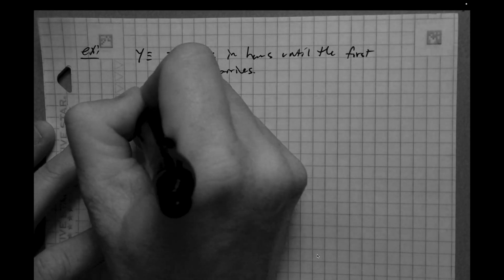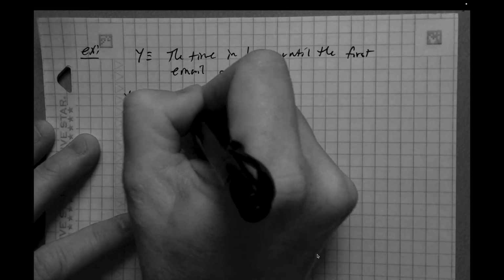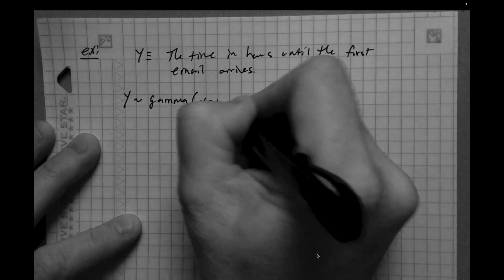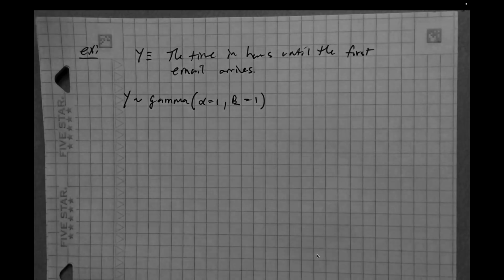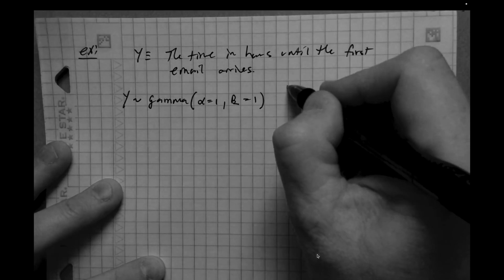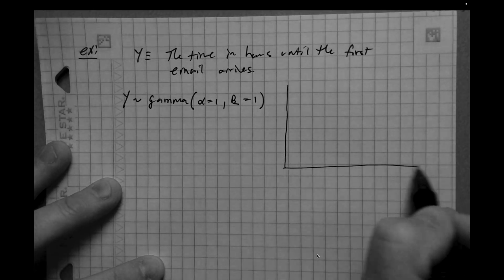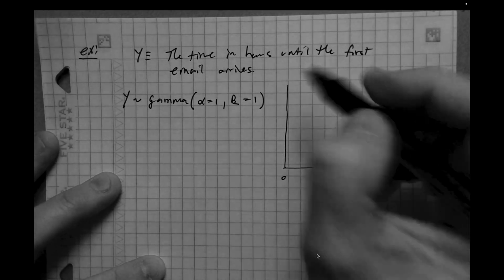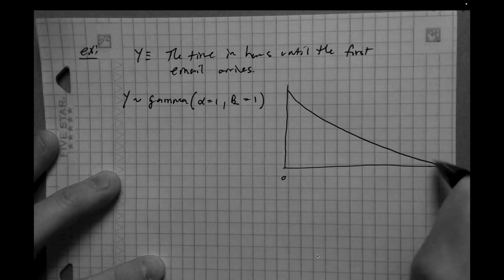So in this case, y is going to be gamma, alpha equals 1, beta equals 1. Okay, and I think this is one that we plotted earlier, if you remember. We plotted what this density function looked like, and it looked like this.